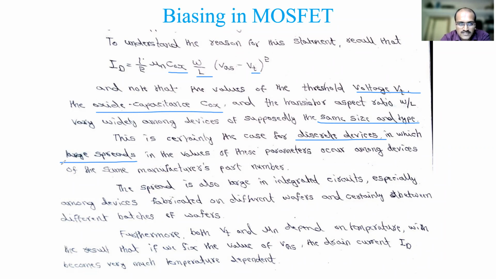So you'll see a large spread for this case of biasing. The spread is also large in integrated circuits. I told you these MOSFETs can be used in integrated circuit manufacturing. Over 200 million MOSFETs can be accommodated in today's VLSI technology, we told, right? So even there this spread will be there if you use this VGS biasing.